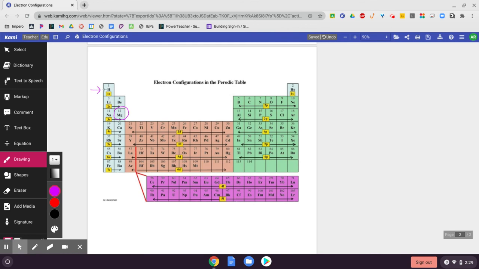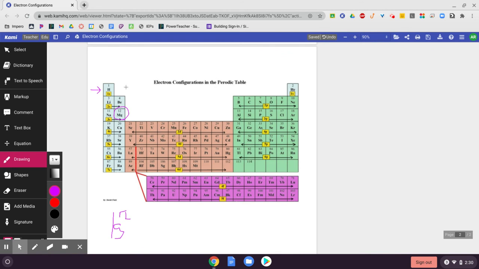So for example, if I'm reading across row 1, then I'm going to be completing the 1s orbital. So I would write 1s2. Because in the first row, I moved through 2 total elements. So I've accounted for the first 2 electrons.